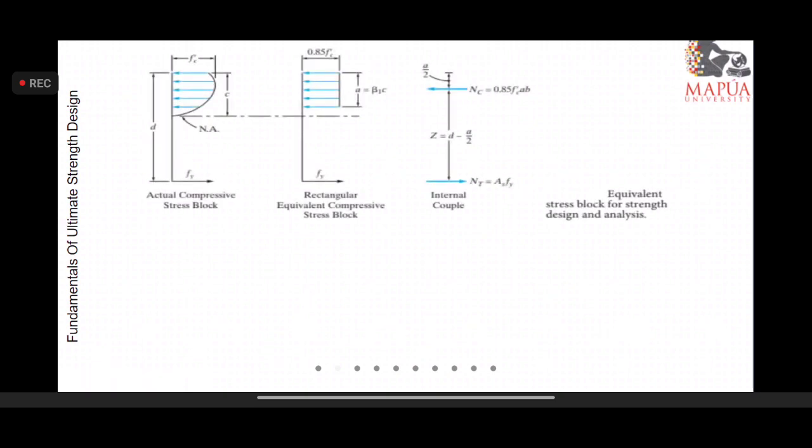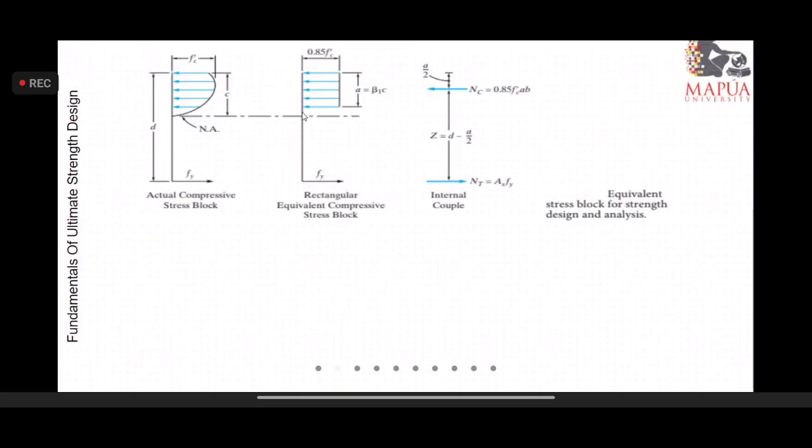So we have this type of actual compressive stress block, which will be hard enough to analyze because of its geometric configuration. The majority of the prime movers of the structural engineering industry made a concept in order to analyze this type of configuration.